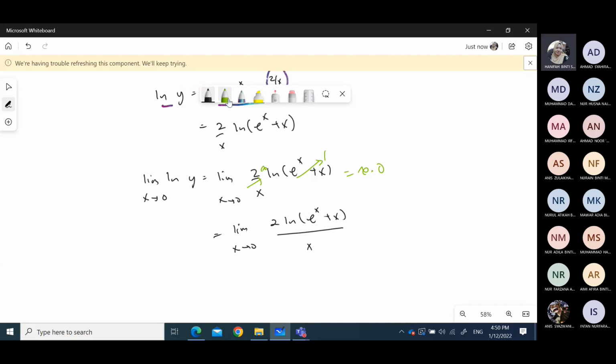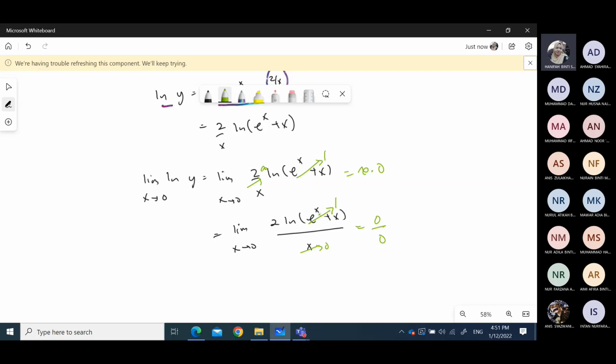Evaluating the limit, e^0 plus 0 is 1 plus 0, which is 1, and natural log of 1 is 0. So here we get 0 over 0.